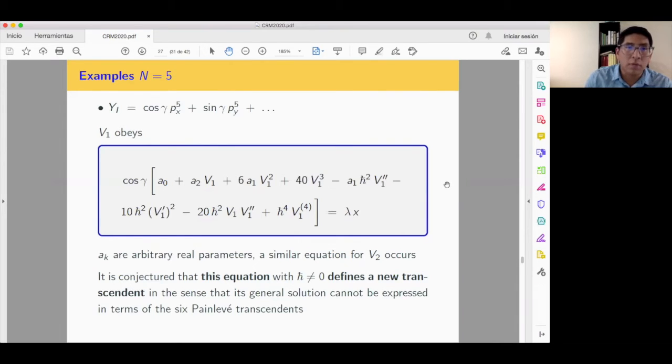From the mathematical point of view, it is important that we generate a differential equation with the Painlevé property. So far, it is not known if it will define a new transcendent, but this is a conjecture.